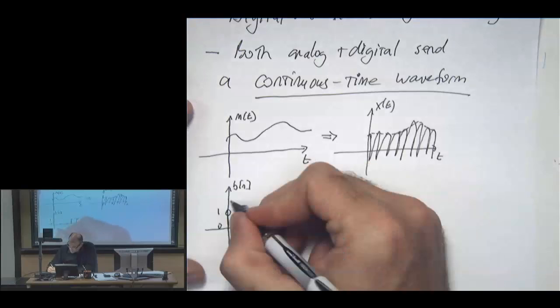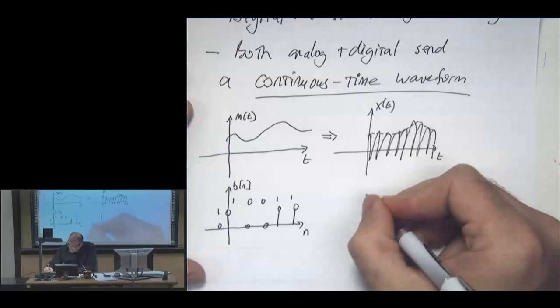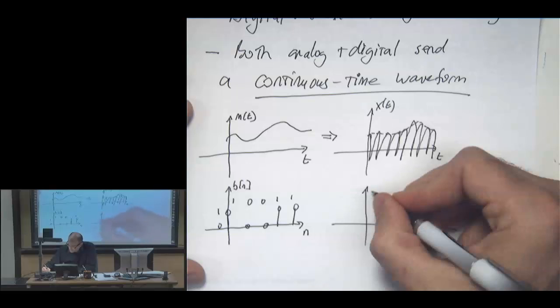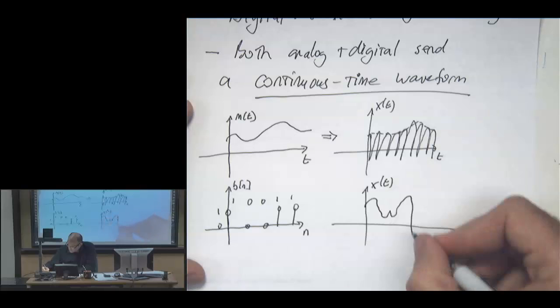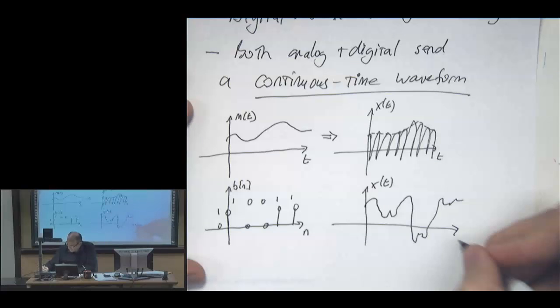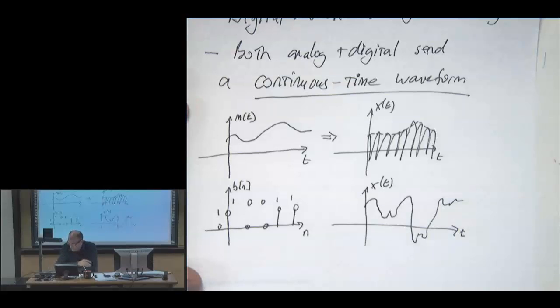So this corresponds to 1, 0, 0, 1, 1. And then somehow or the other, this ends up being mapped to, again, a continuous waveform. I'm just making this up, but we'll see that there will be waveforms that look vaguely like this here.